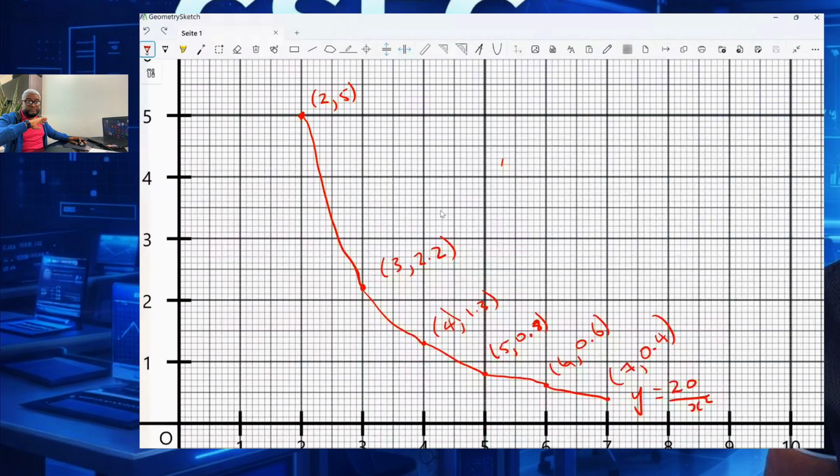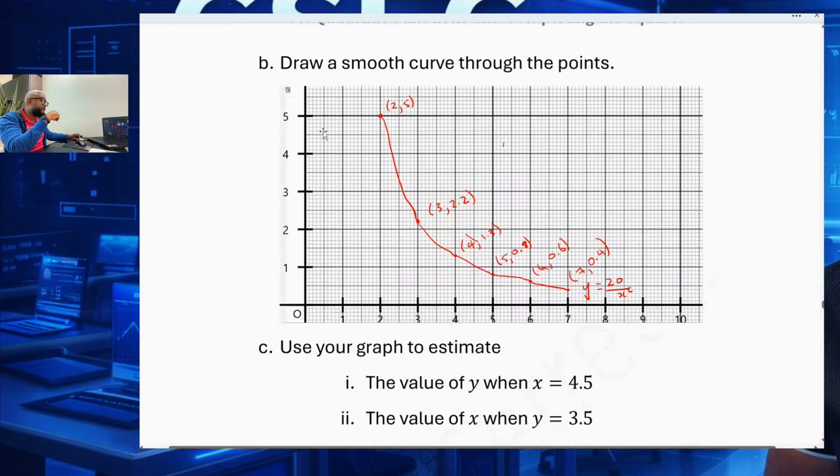It's 10:55. This will be the last question we do now. It's supposed to be a smooth flowing curve going through all the coordinates, and then you label the curve at the end. So the second part was to actually draw a smooth curve through the points, right?